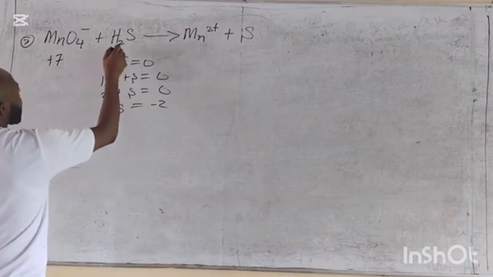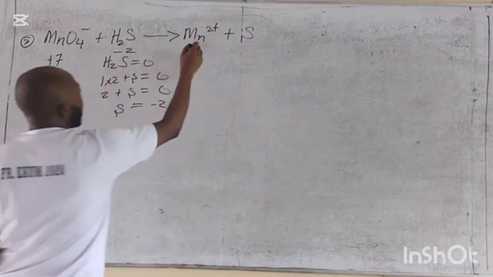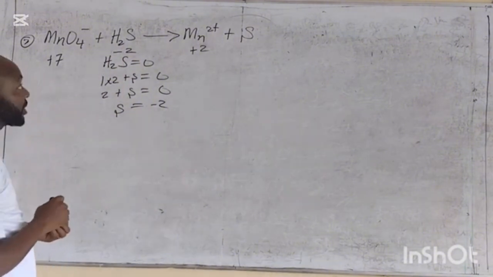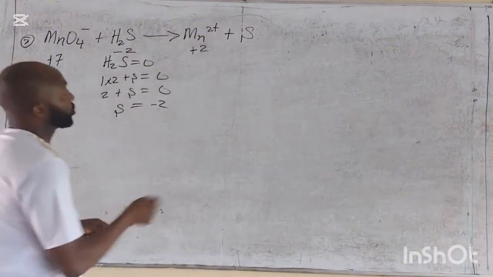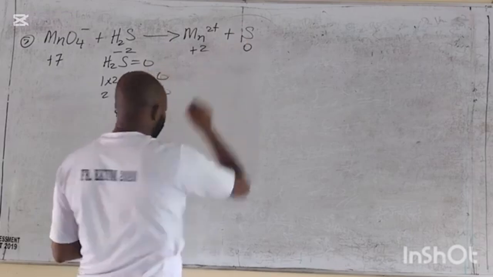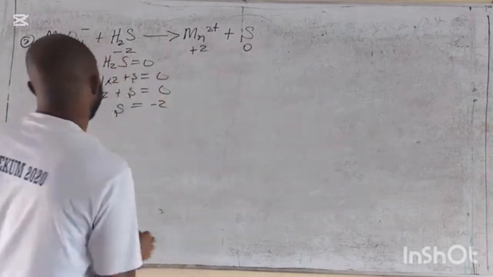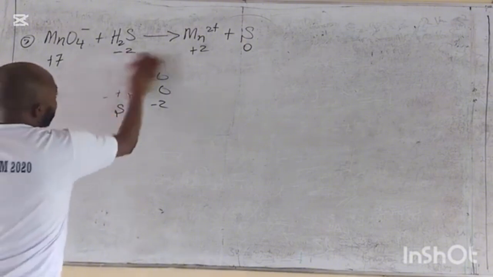So here the oxidation state is minus 2. Here it is plus 2. The oxidation number of elements in their free state, in their neutral form, is equal to 0. So here sulfur is 0. I read that earlier; you don't have to go back to it, but you have to listen or go check it out.